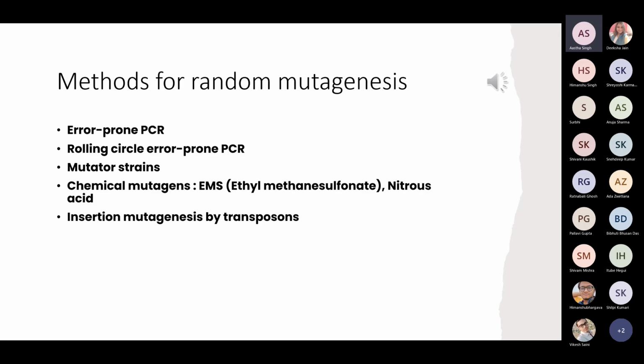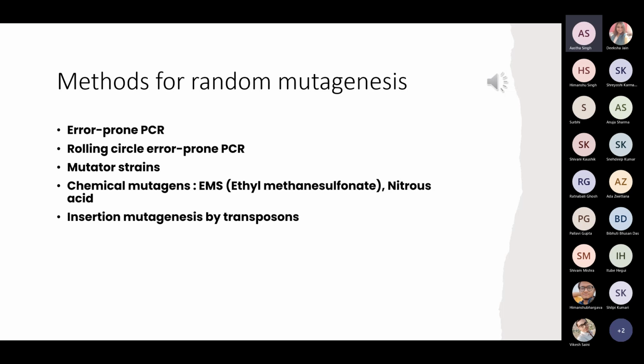There are different methods of carrying out random mutagenesis, some of which are listed below. Firstly, error-prone PCR, which depends on utilizing error-prone PCR reactions in order to introduce mutations into the DNA sequence. Similar to error-prone PCR, we have rolling circle error-prone PCR, which utilizes a circular plasmid as a template as opposed to linear DNA.